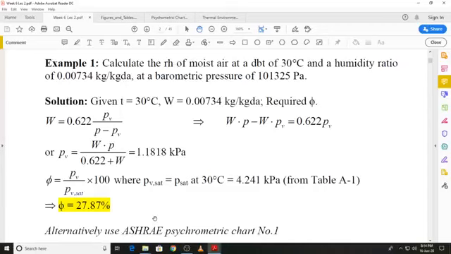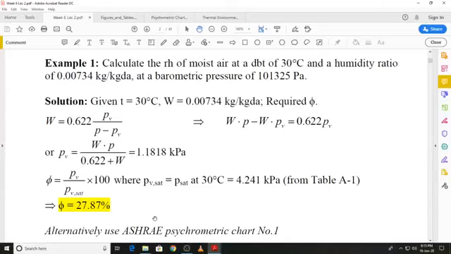Okay. So we start with the first example, in which the dry bulb temperature and humidity ratio are given at a barometric pressure of 101,325 pascals, and the relative humidity is required.